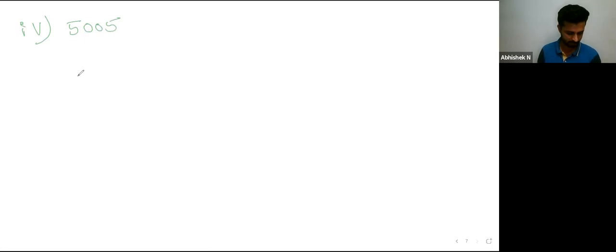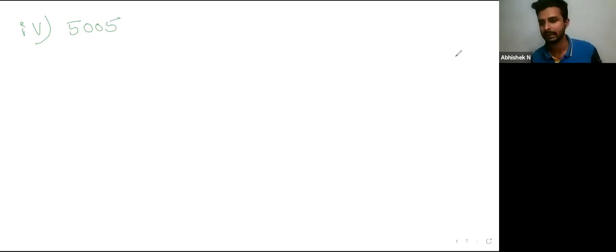So here is one more, the fourth one. Again, you need to express this as a product of prime factors. Can anyone tell me what the prime factors are? How can 5005 be expressed?